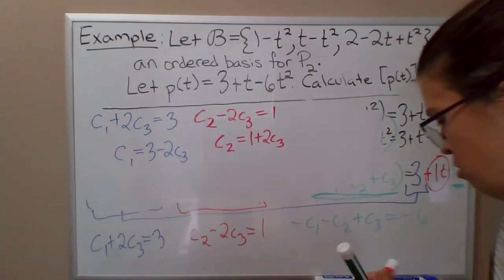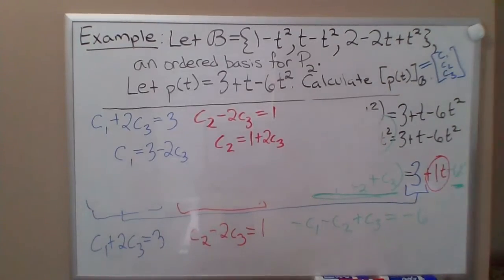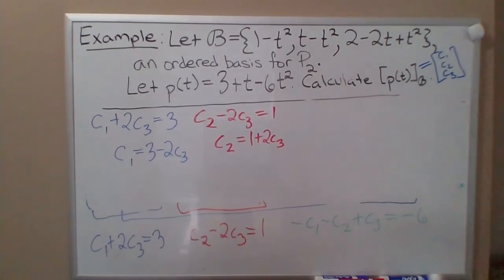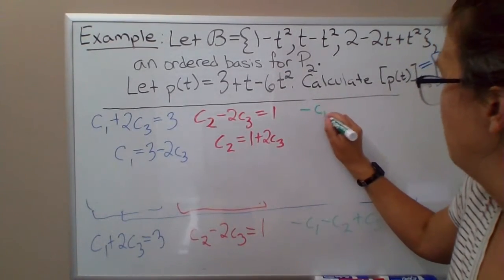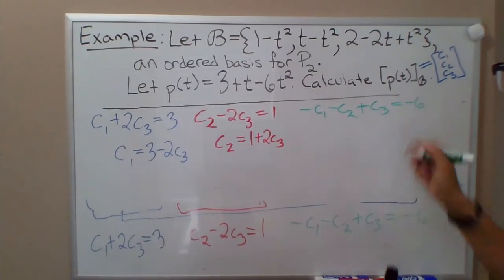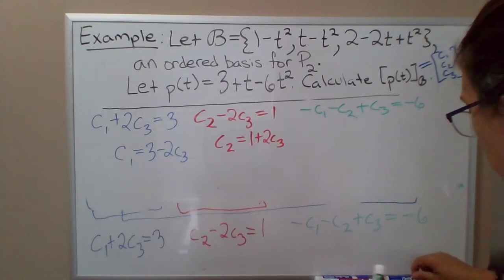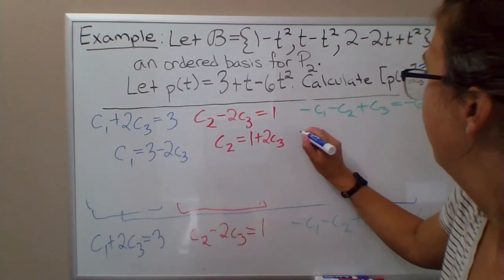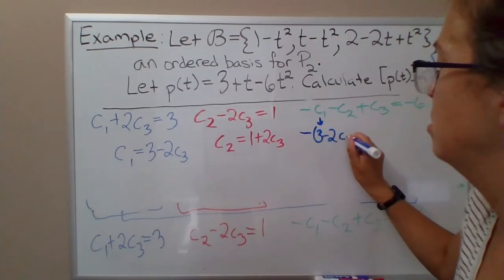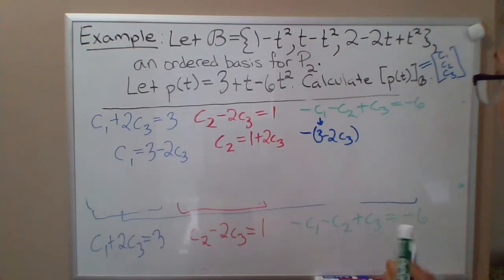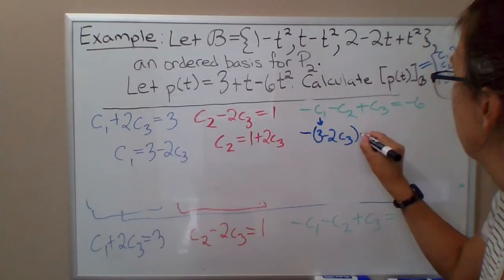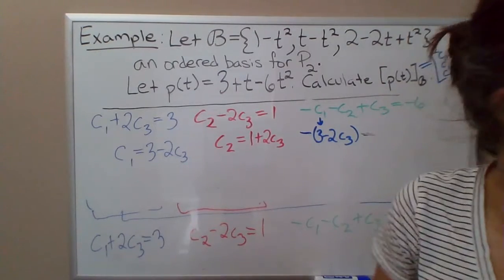And now if we substitute both of those expressions into this last equation that I have in green, then we can solve. So negative C1 minus C2 plus C3 equals negative 6. But C1 is 3 minus 2C3. And minus C2, sorry, I need a better black.